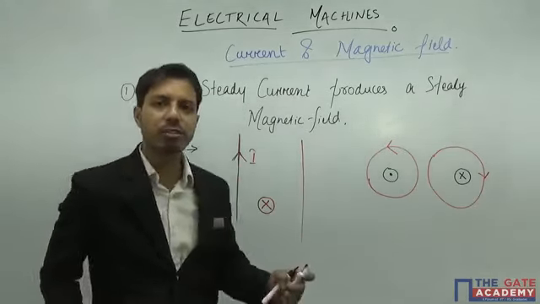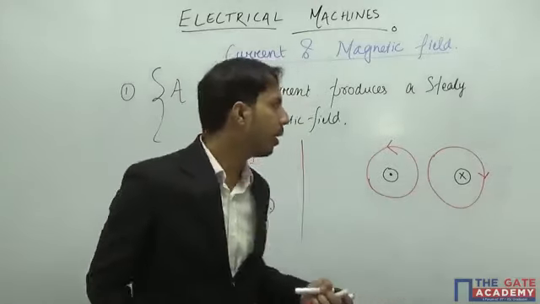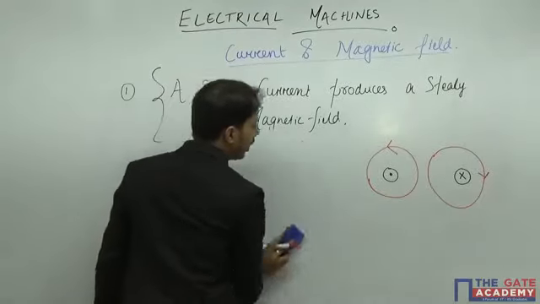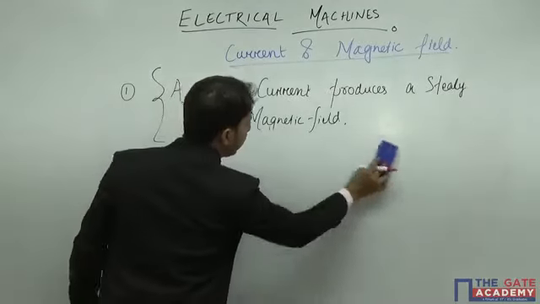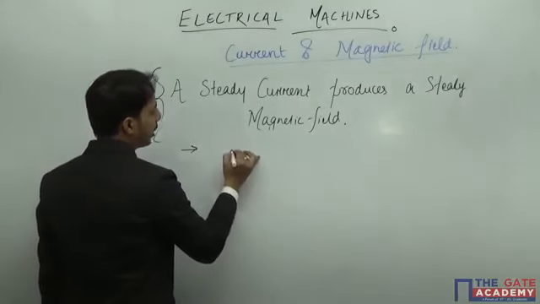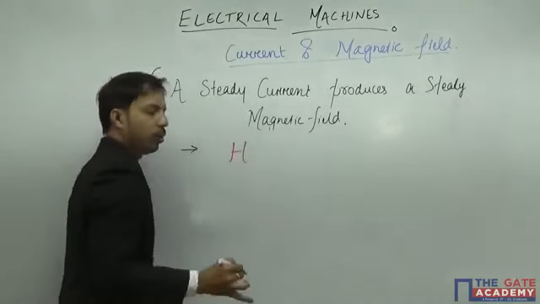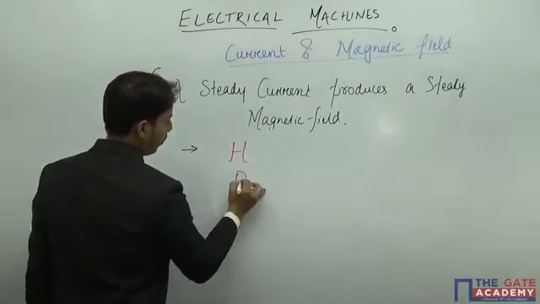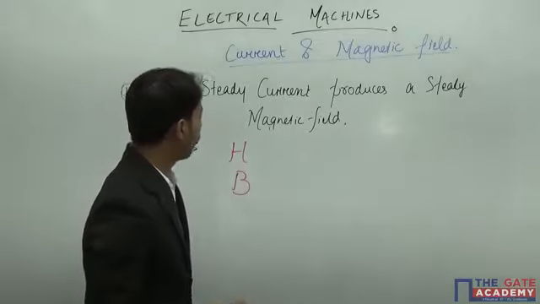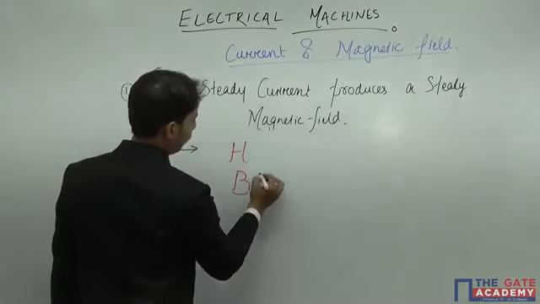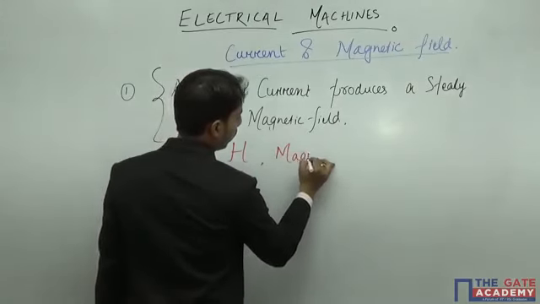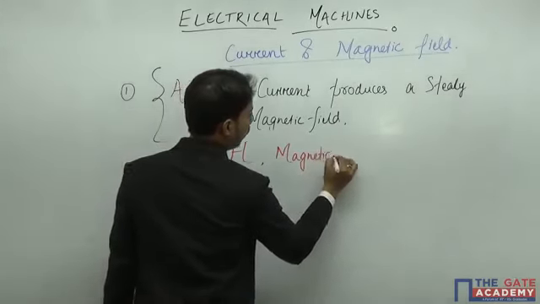The strength of a field can be denoted in two ways: by H or by B. H is the magnetic field intensity.